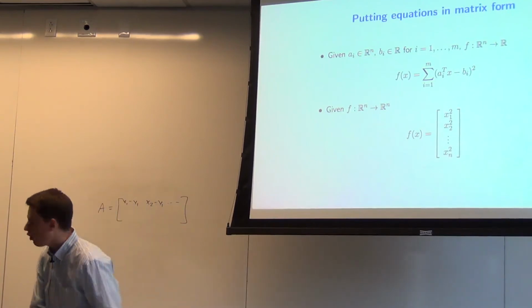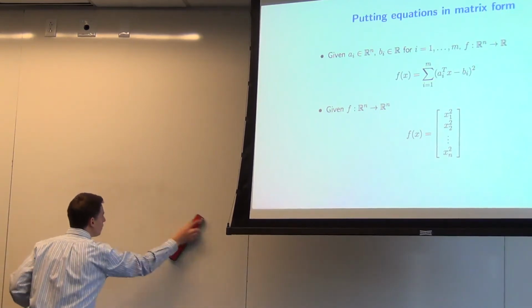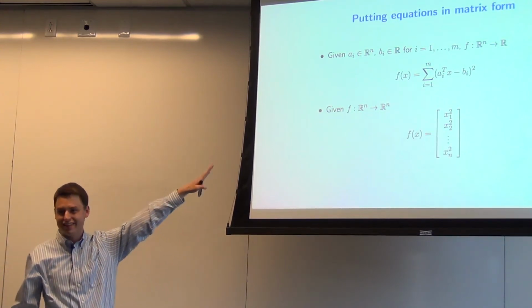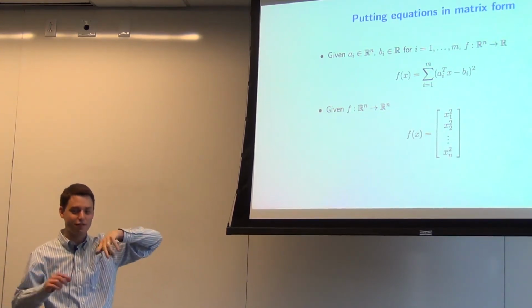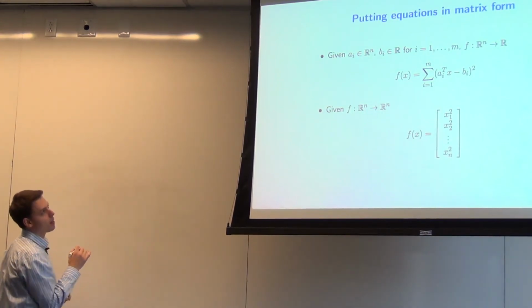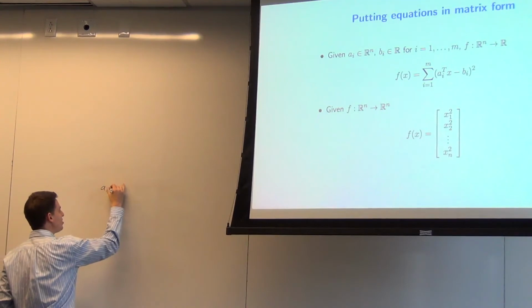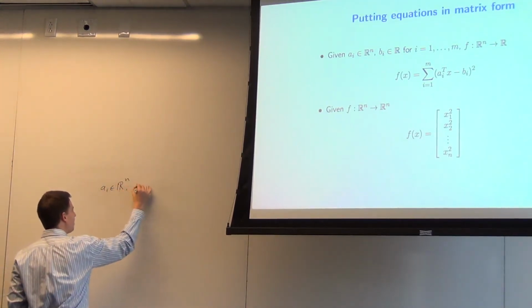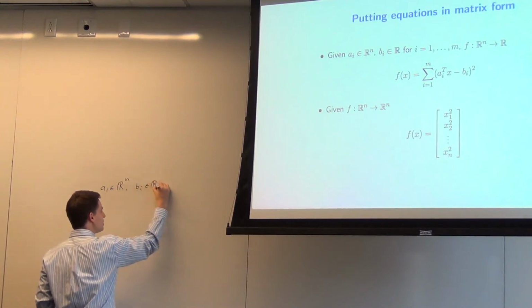OK, so we actually already did this one, but I'm using different symbols here, so hopefully you can all figure out how to extend it from last time. But what if I have this function? I have a bunch of a_i's, each of them in R^n. I have a bunch of b_i's, each of them a real valued number.